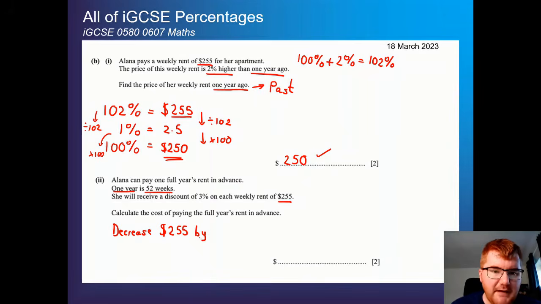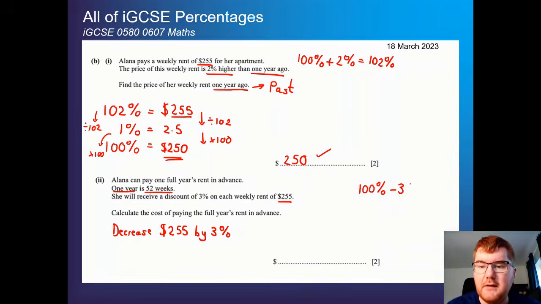$255 by 3%. Now, there's a couple of different ways that we can do this. The method I like to use here is if you've got 100% and we've got a decrease of 3%, so taking away 3%, that leaves us with 97%, and then converting that to a decimal, which sometimes with calculators you don't need to do, you get 0.97.